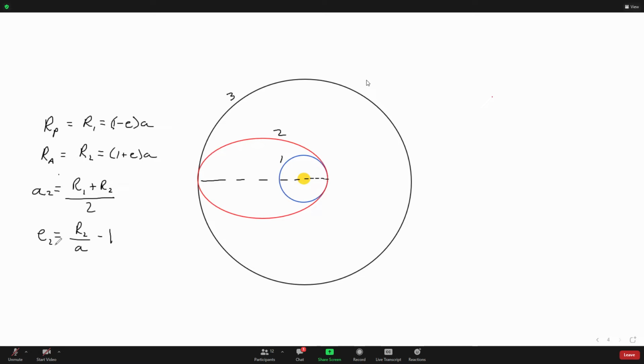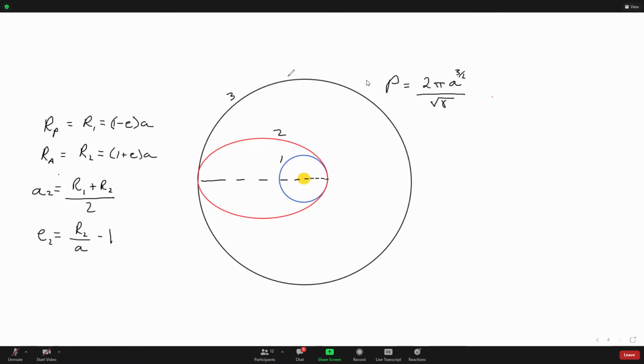We know the period of orbit 2 because we know the semi-major axis. And remember, the period is equal to 2 pi A to the 3/2 power divided by the square root of gamma. But this gamma is not the gamma for the Earth. It's the gamma for the sun, because all 3 of these orbits are Kepler orbits around the sun.